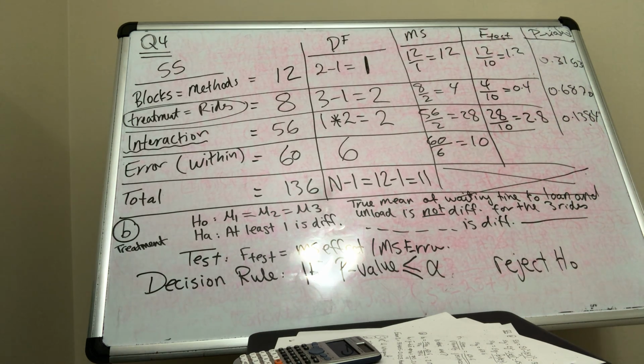And alpha is given to you, I believe, in the question as 5%. If it's not given to you as 5%, we're going to assume 5%. Yeah, it's not given, so we're going to assume 5%.